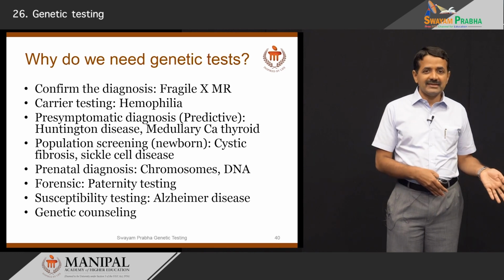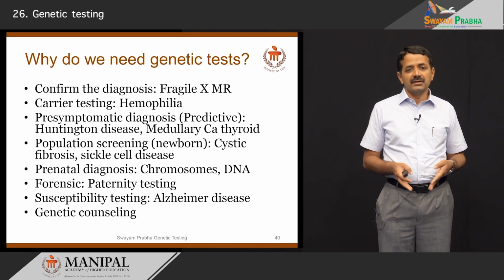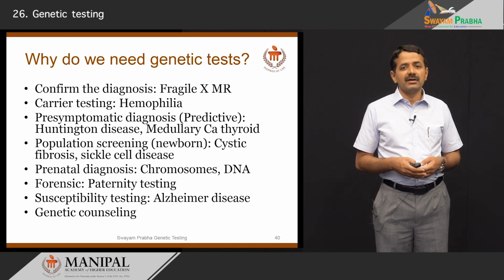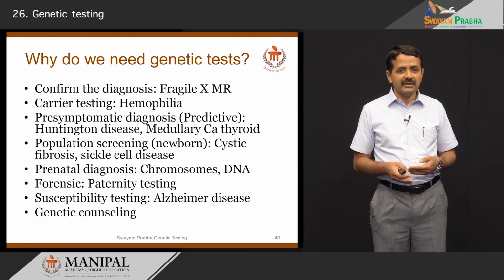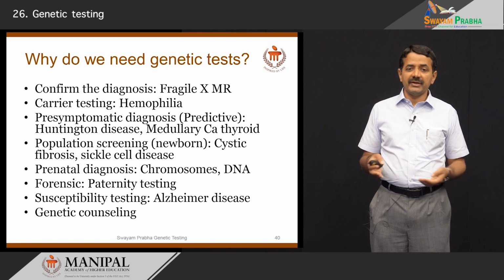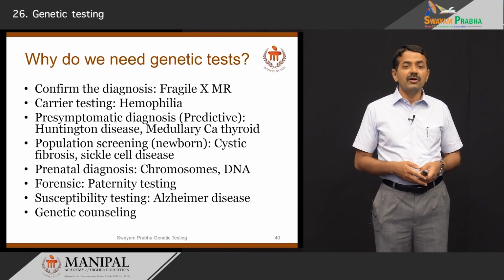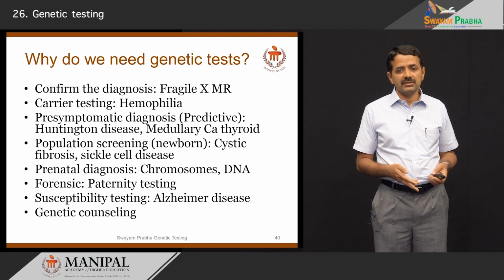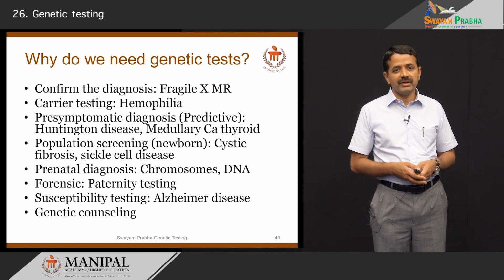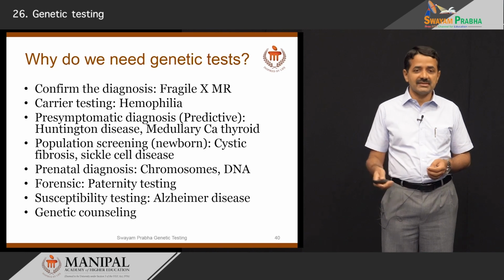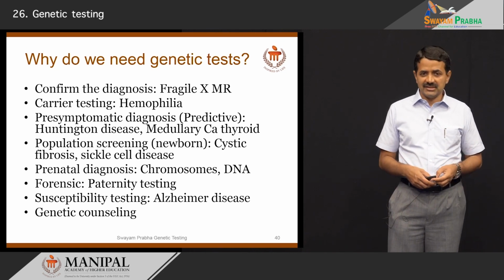We can do carrier testing for hemophilia A or B if there is a family member who wants to plan their family. It may be pre-symptomatic or predictive testing for Huntington disease or medullary carcinoma of thyroid, or population screening, maybe of newborns or couples who want to plan pregnancy, for cystic fibrosis, sickle cell disease, or in our country even thalassemia.